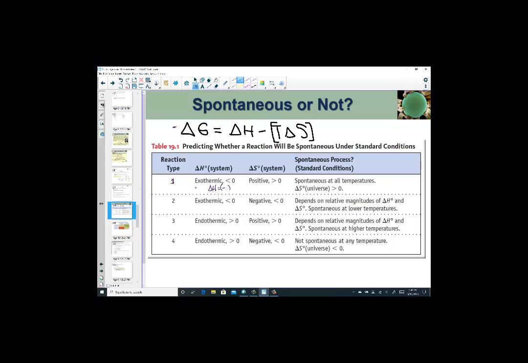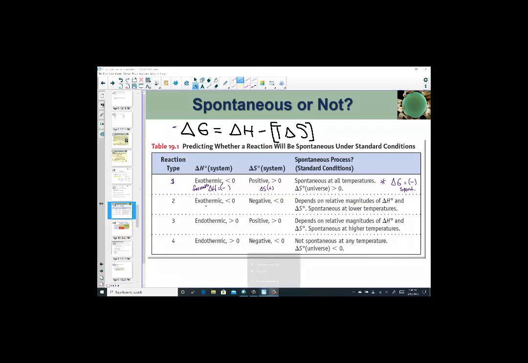That's a good thing. That's favorable, isn't it? Exothermic reactions. And if delta S is positive, it's becoming more disorganized. That tells me that no matter what temperature, delta G will always be a negative value, spontaneous, at any given temperature.